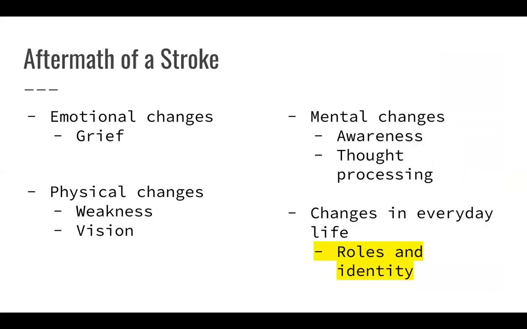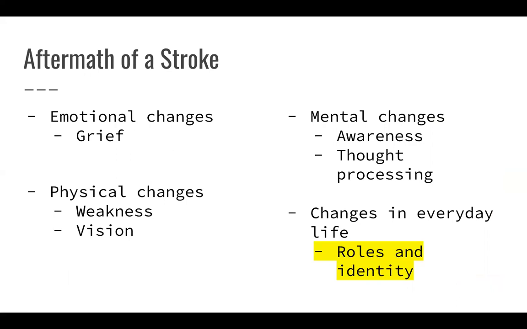Now, let's talk about the effects of a stroke. I have listed 4 main points, but I want us to focus on the one highlighted. So, first, we notice that there can be emotional changes that occur after a stroke. For one, there can be grief after a person has experienced a stroke.